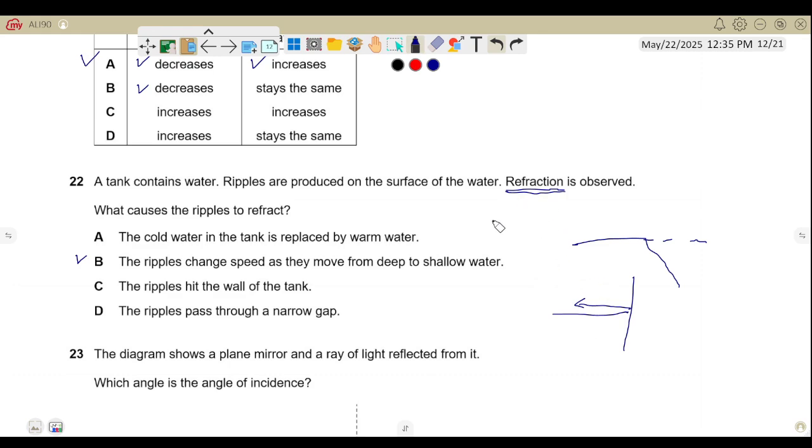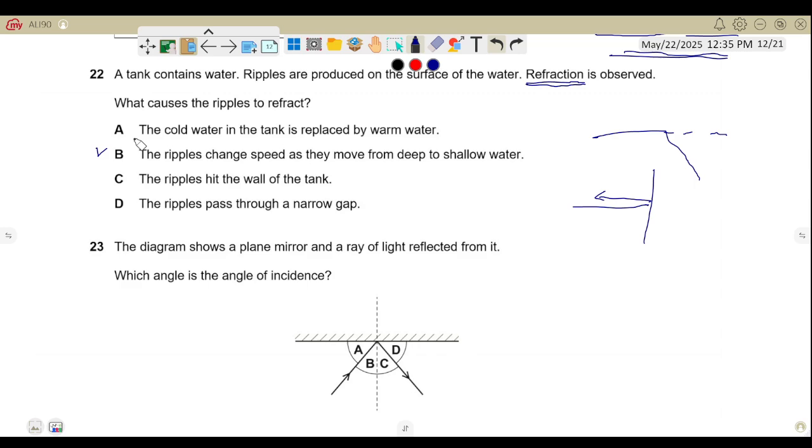So it's not refraction, but reflection. If the ripples pass through a narrow gap, this will cause what we call diffraction of the waves. So linear waves will become circular waves after going through this narrow gap. So the answer here is B. For A, for sure, in this situation, it will not cause anything.